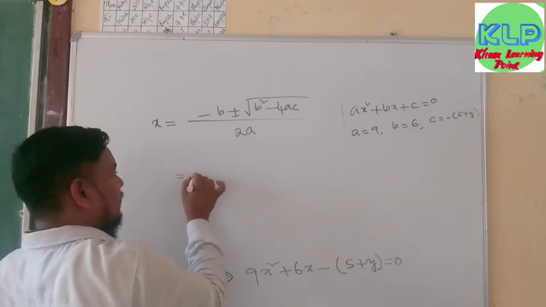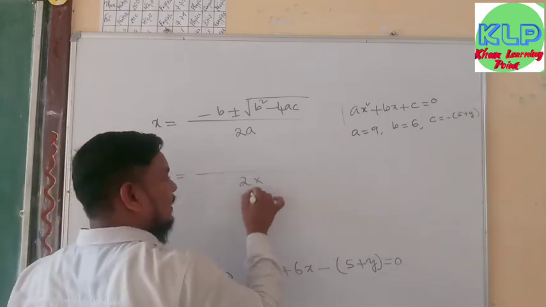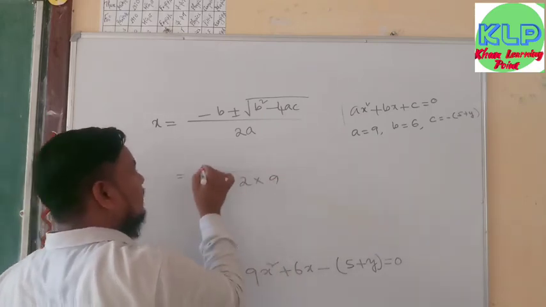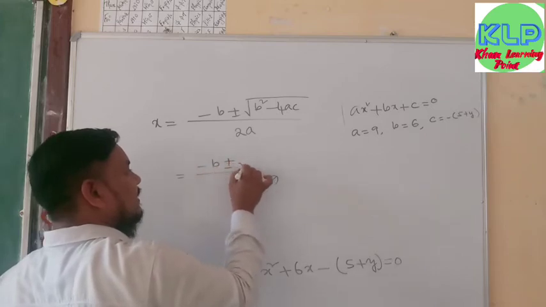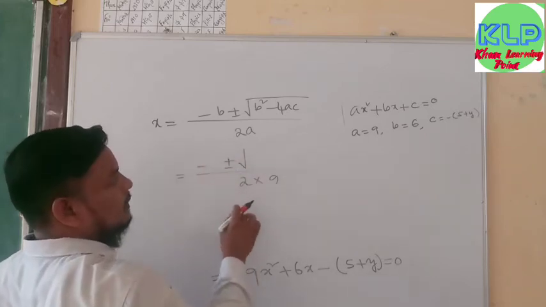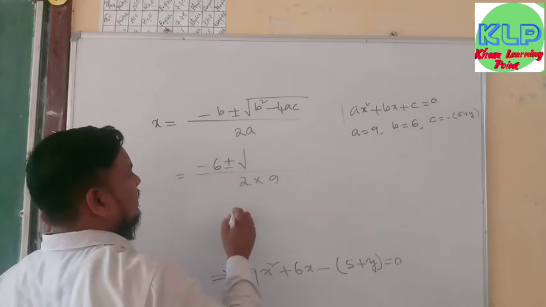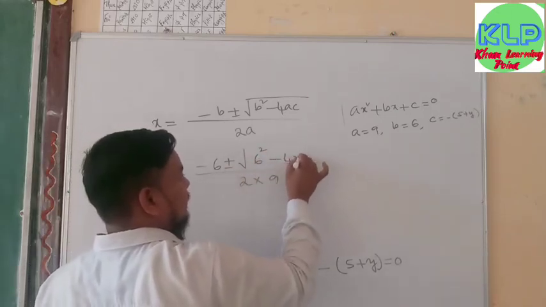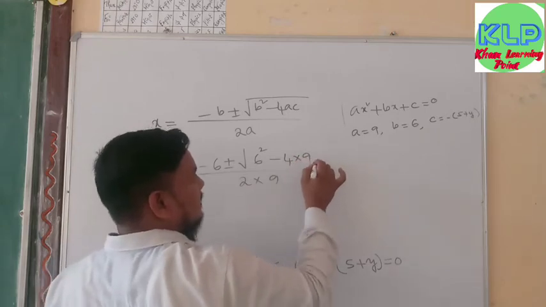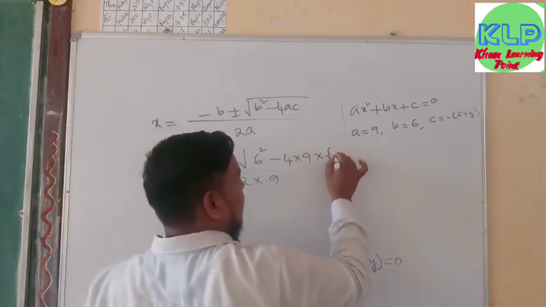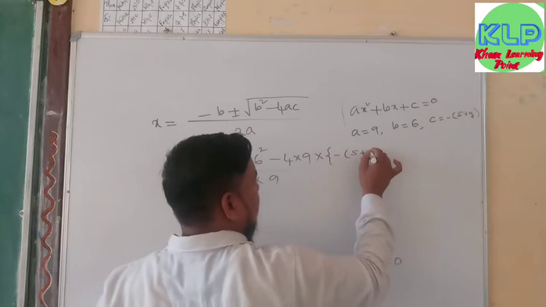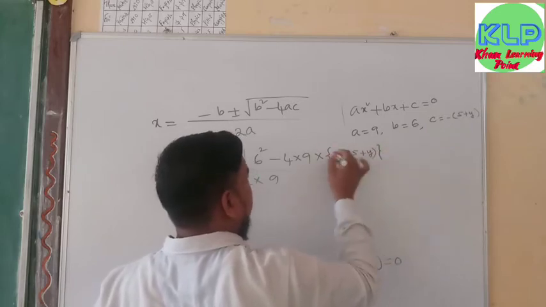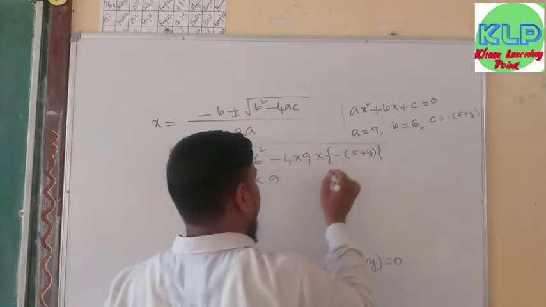So here twice a, 2 into a, the value of a is 9. In place of minus b we will put minus 6, plus minus root of 6 square minus 4 into a means 9, c means minus 5 plus y. Okay, this is the square root.